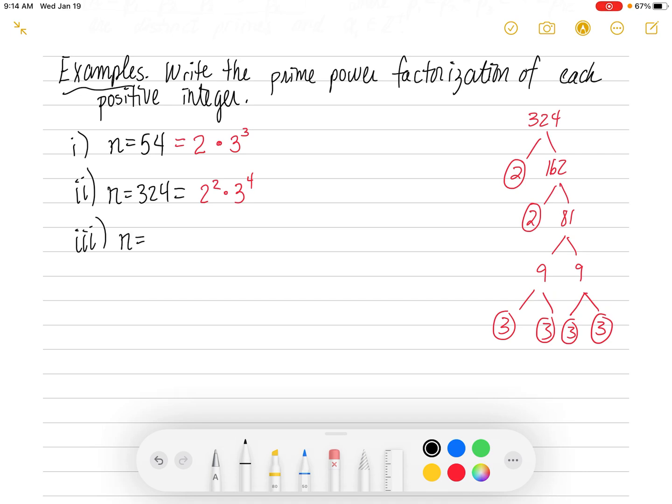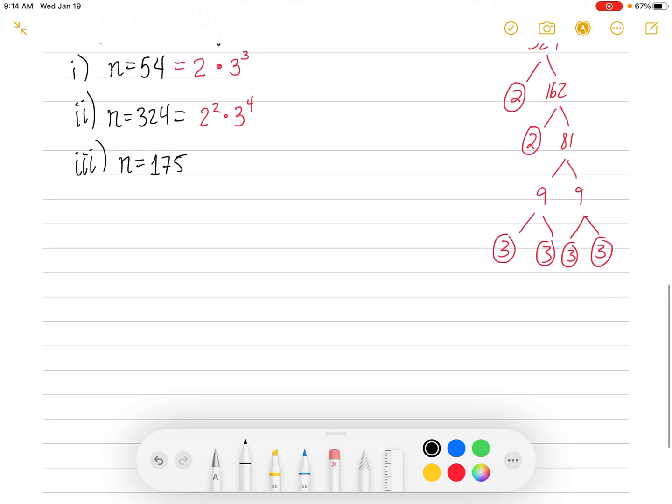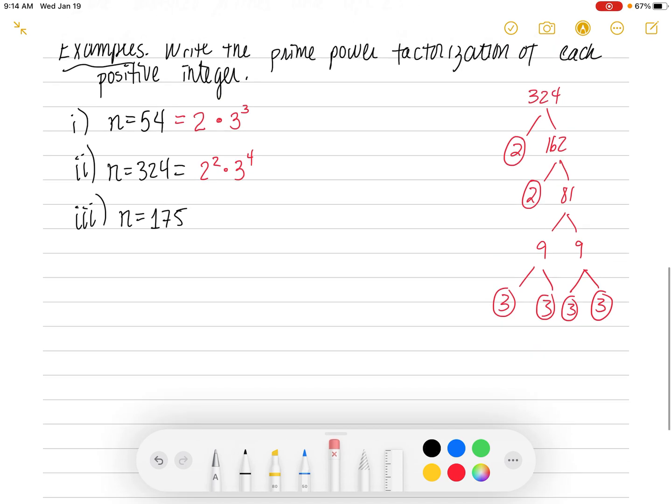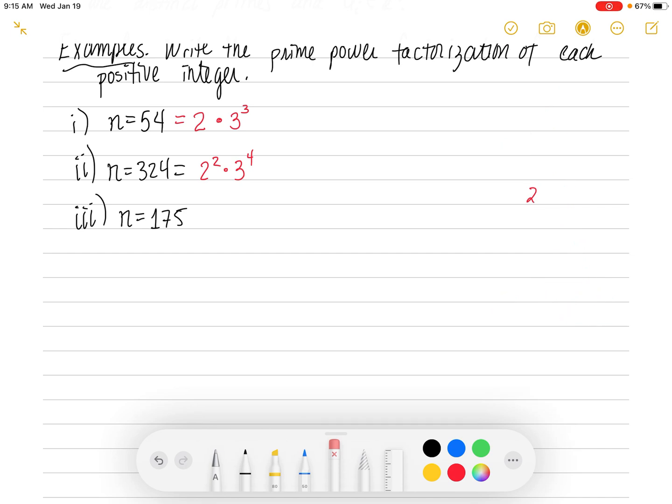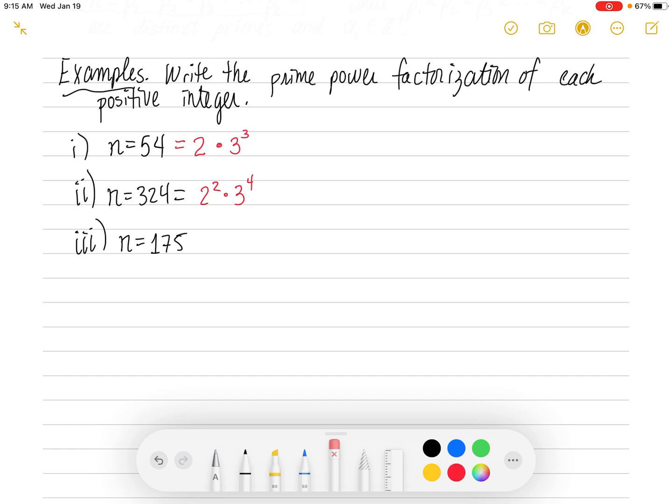Number 3, we have 175. I'm going to erase my scratch work here. 175, doing a factor tree, has a digit of 5 on the end. Anytime you end in a 5 or a 0, you're divisible by 5. So 5 is a factor.